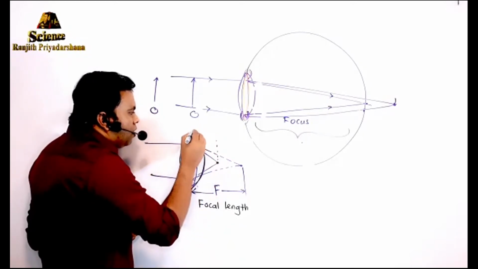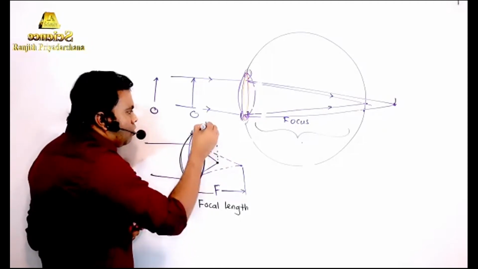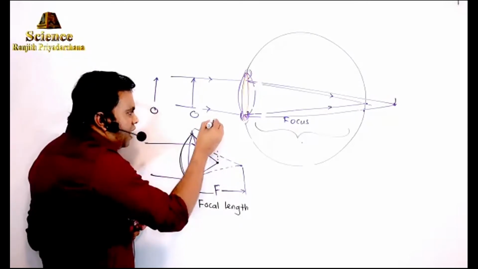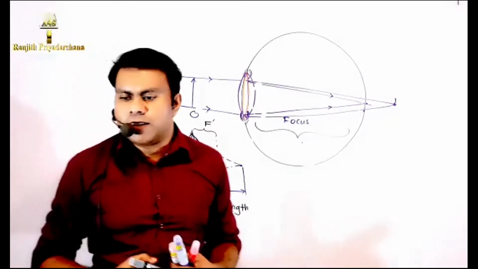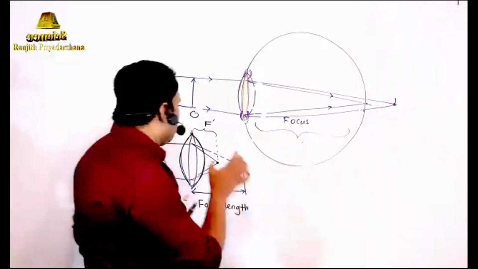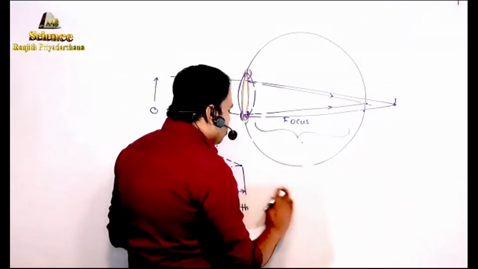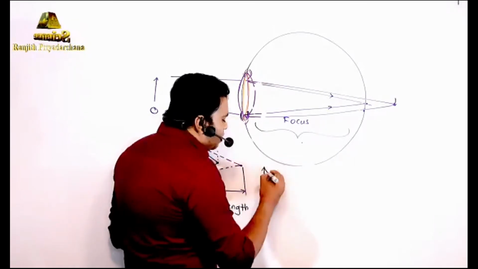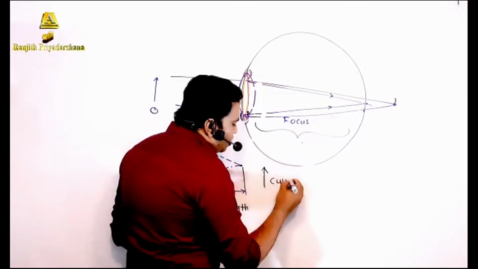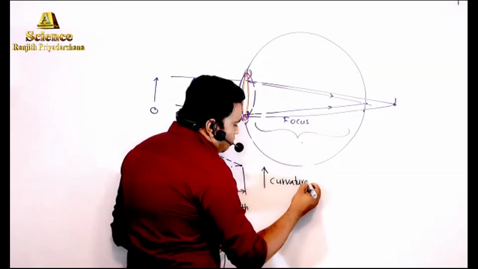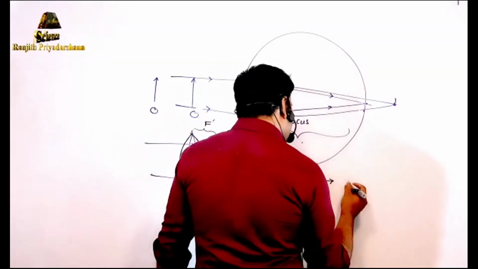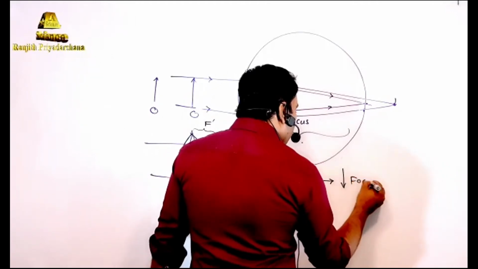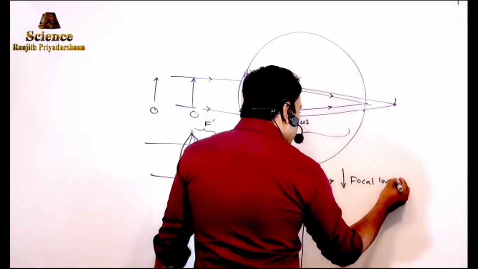Yes, the new focal length, short focal length, I put that f dash, new focal length, that's smaller. Understand this. Higher the curvature, high curvature goes to low focal length.